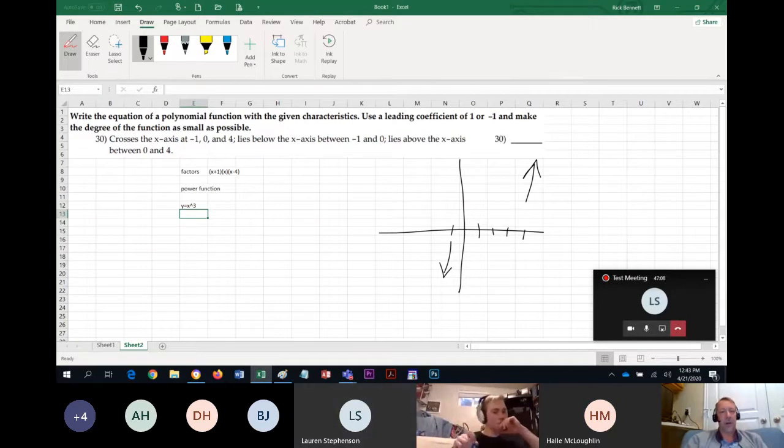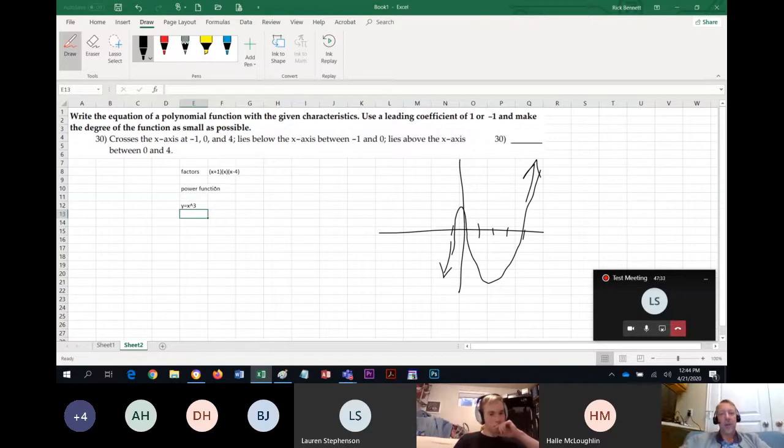Now, I've got a multiplicity of 1 on all 3 of those factors, right? So the way it is right now, we're going to go through -1, 0, and 4.